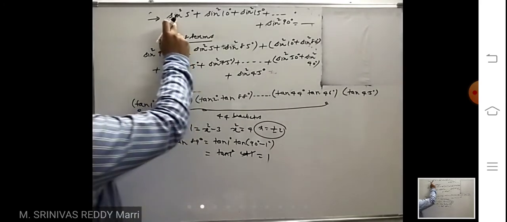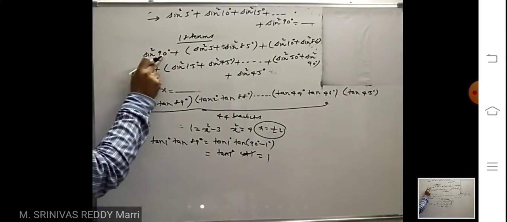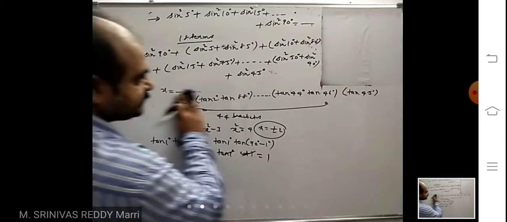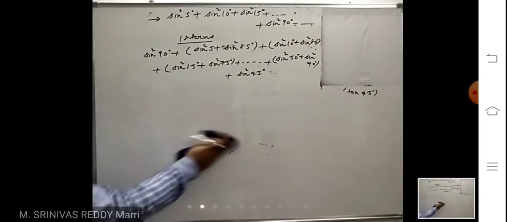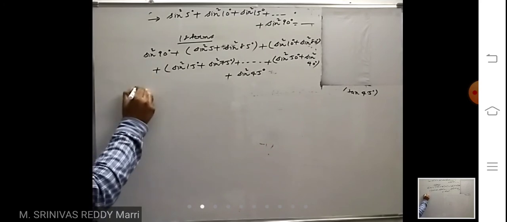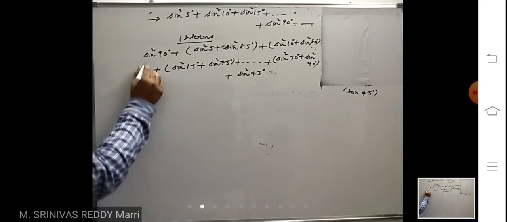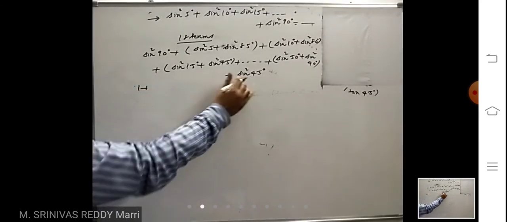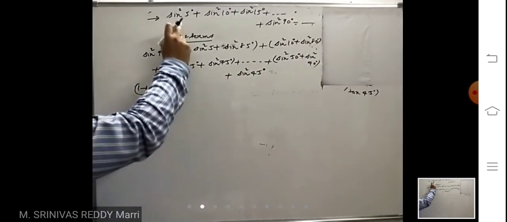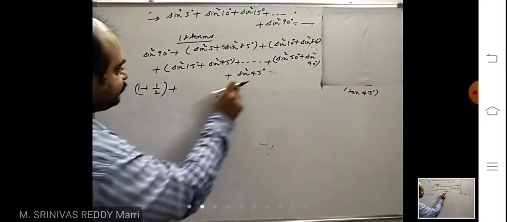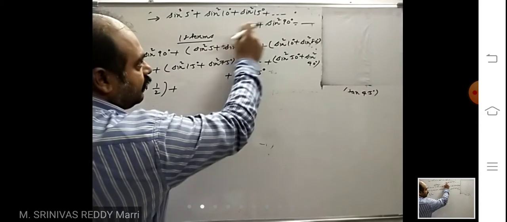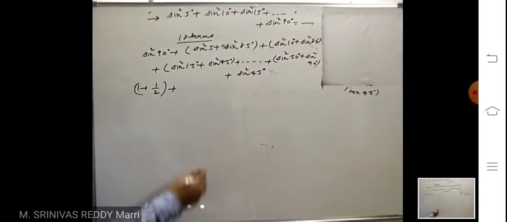So out of these 18 terms, this and this will not be in the bracket. Sine square 90 is 1, plus this is 1 by 2, plus in these 18 terms, 2 terms I have taken separately and the remaining 16 terms are clubbed.